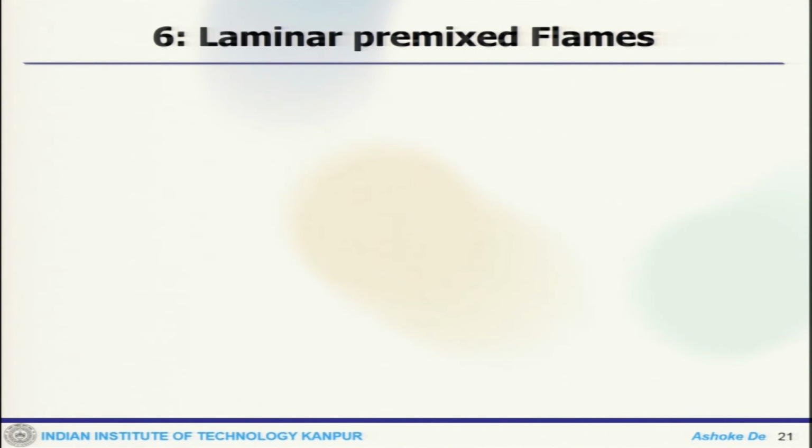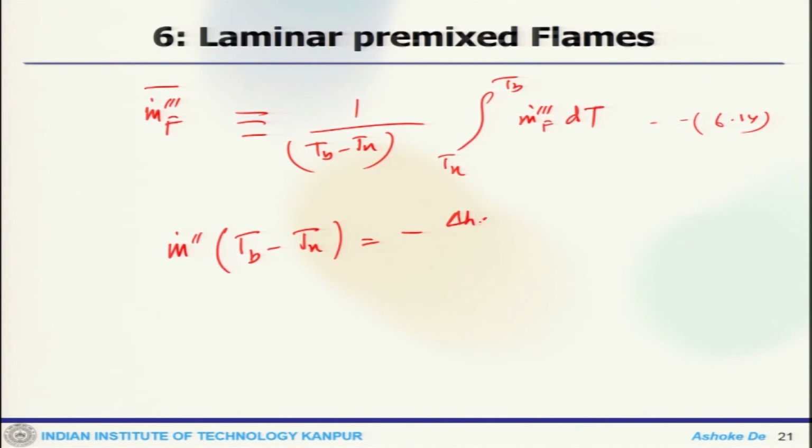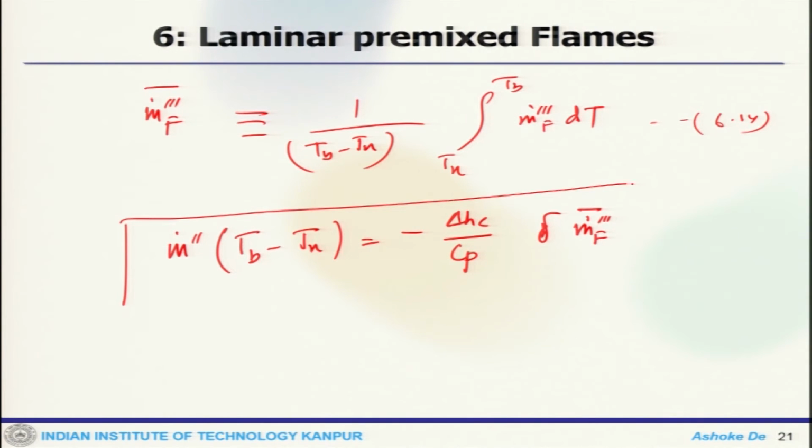Now, the average reaction rate can be defined as one over (Tb minus Tu) times that integral, and we term that the average reaction rate. Using this, we can finally simplify that term to be the average reaction rate times delta. So, that is the expression one gets.